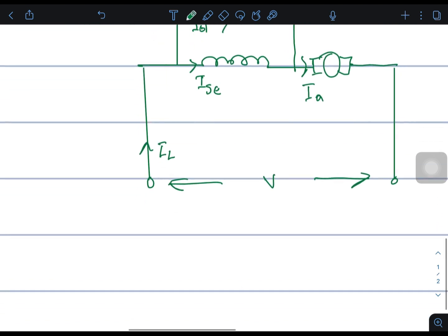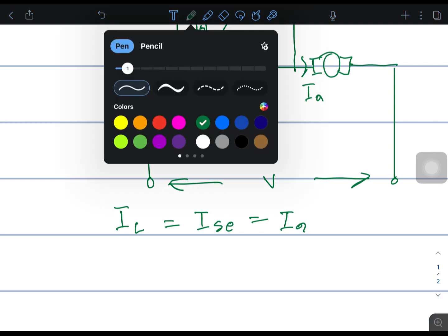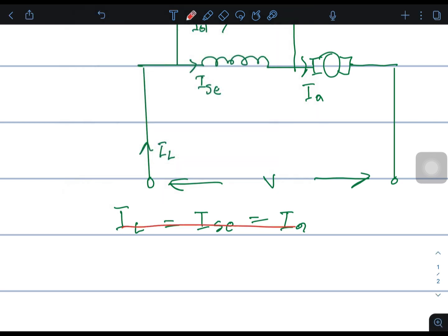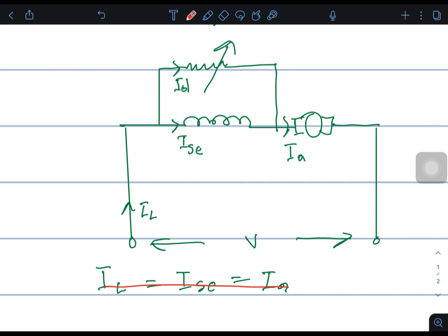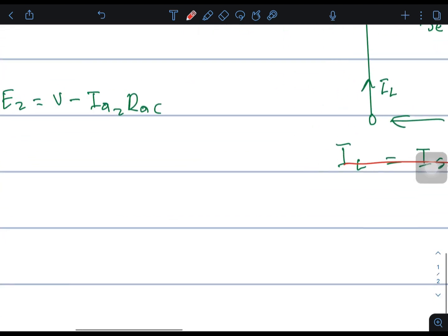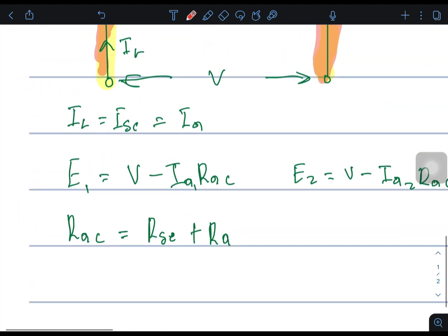Here we can no longer say I load is equals to I series is equals to I armature. This is wrong, guys, because the problem now is that the current splits at that junction, so we can no longer use this statement.